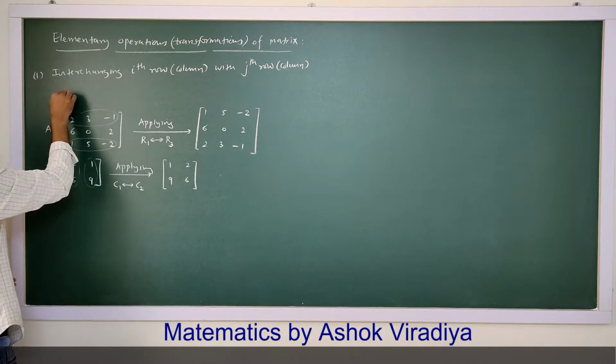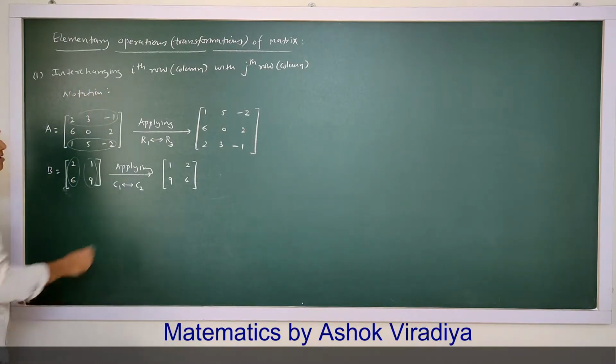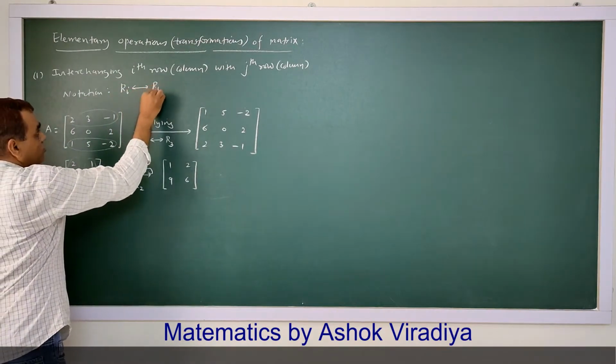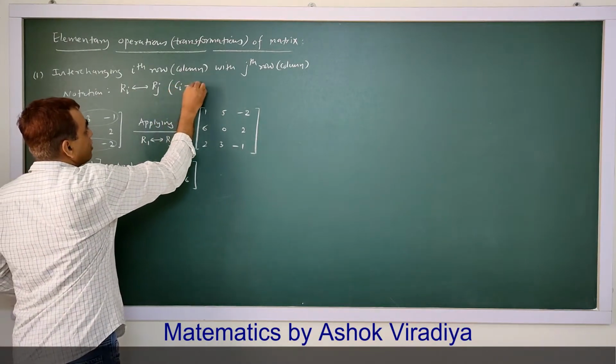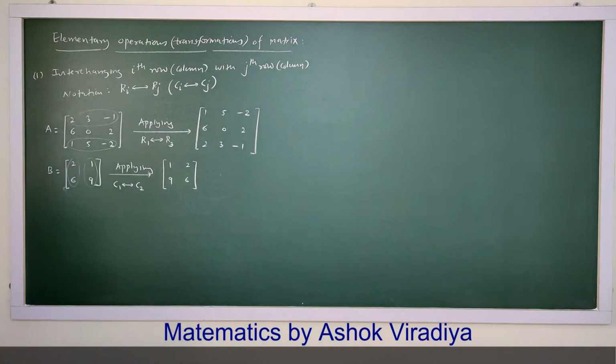This is denoted as interchanging ith row with jth row, or ith column with jth column. So this is the first basic operation.